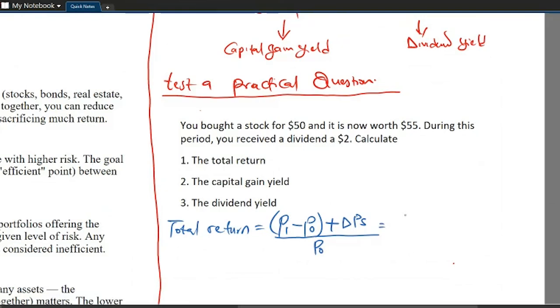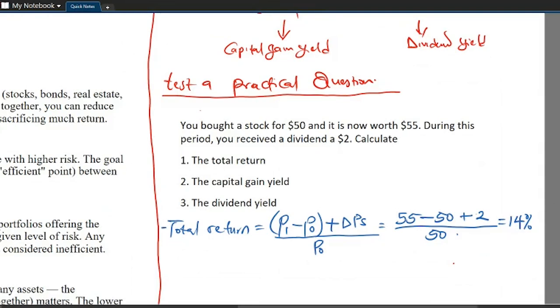That is $55 minus $50 plus $2, everything divided by $50. So this gives us 14%. That is the total return.